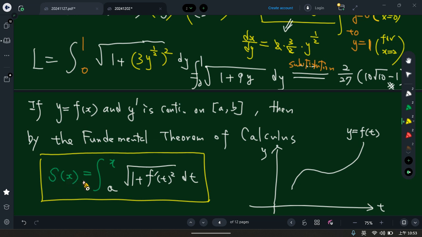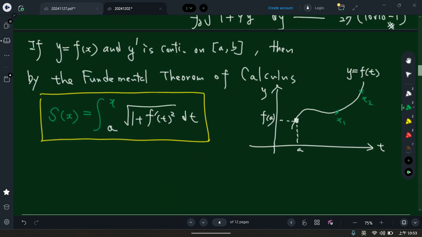S of x just wants to represent the length. For example, a is here. This is f of a, right? And the endpoint x, a is fixed, but the endpoint x is varying. So, for example, x may be here. For example, if this is x1, this is x2.